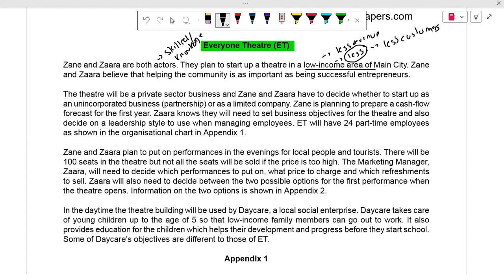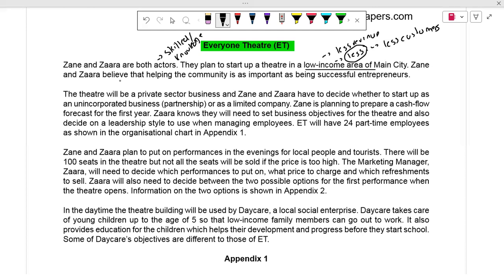Because if it is a low income area, they may not be so interested in theater, because theater is a kind of luxury activity, only for those who are earning very high. So this is one of the negative points we can identify in this line. Just try to analyze each and every point. When we write the answer, we will discuss this again. So this will create a negative impact.